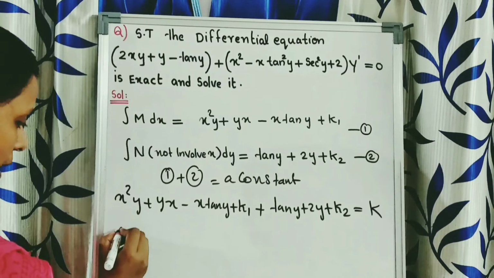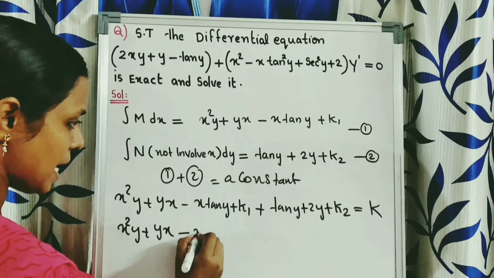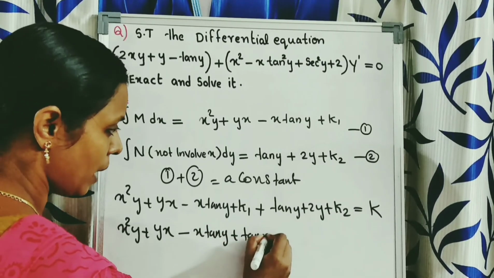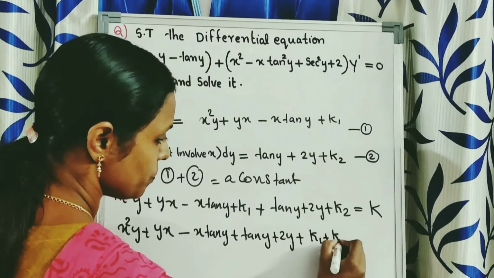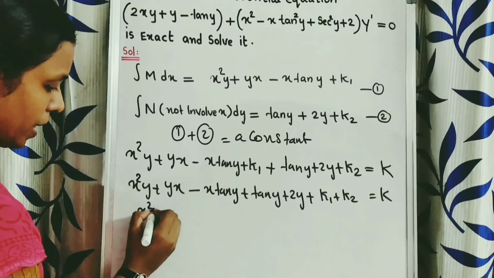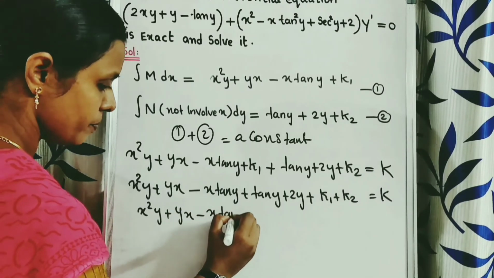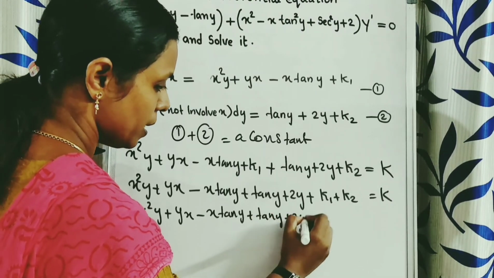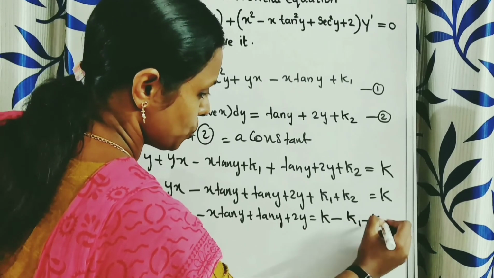Next we write x square y plus yx minus x tan y plus tan y plus 2y plus k1 plus k2 equal to k. Next we write x square y plus yx minus x tan y plus tan y plus 2y equal to k minus k1 minus k2.